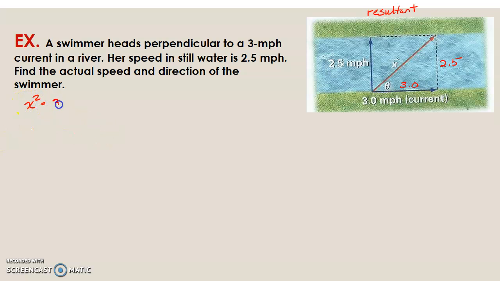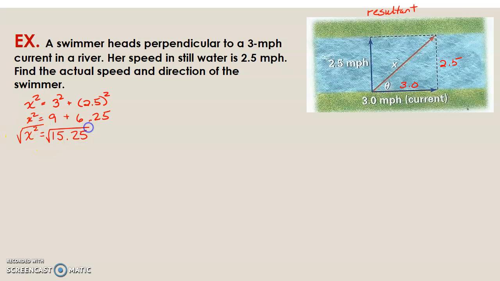squared, you're going to do 3 squared plus 2.5 squared, just like your Pythagorean theorem. So 9 plus 6.25, which gives you 15.25.